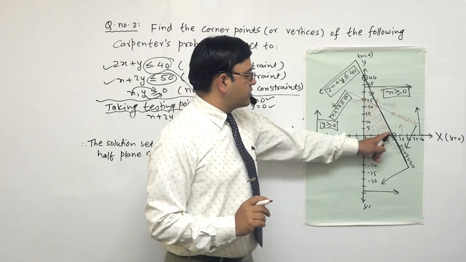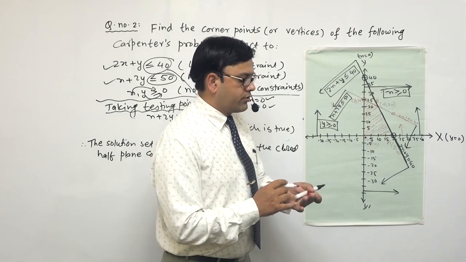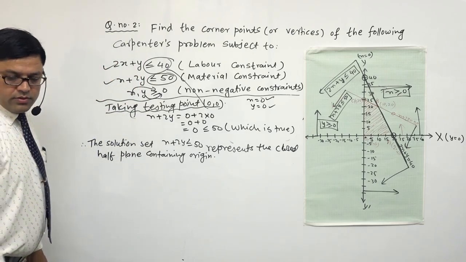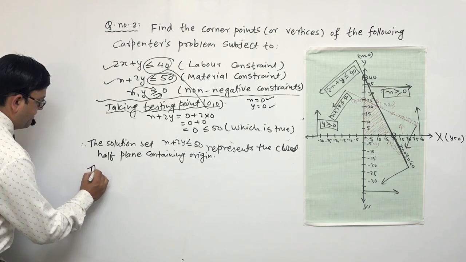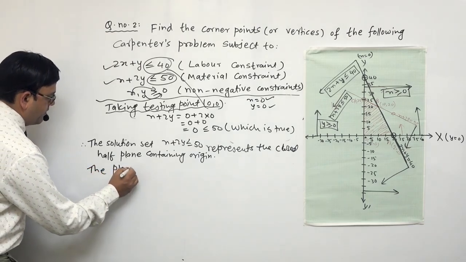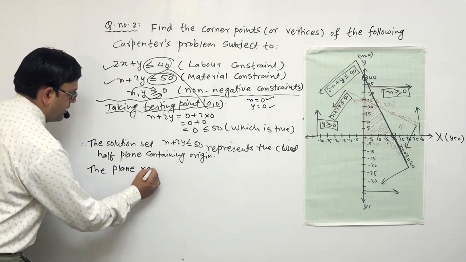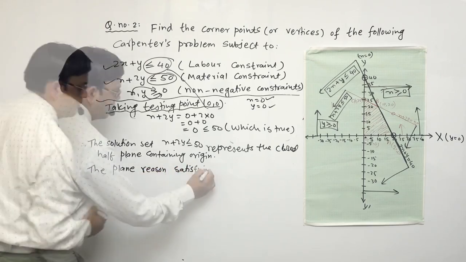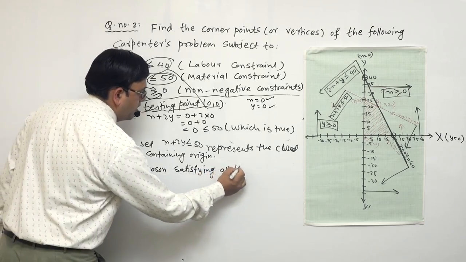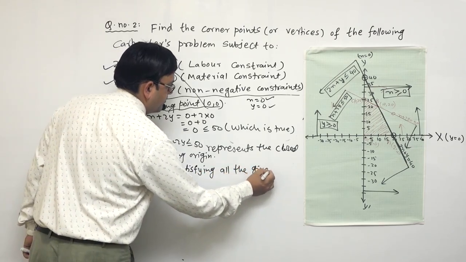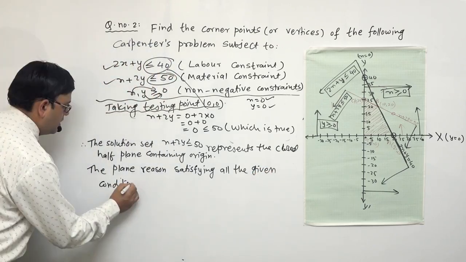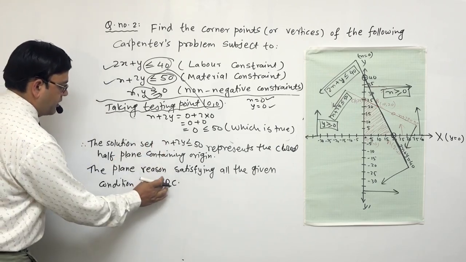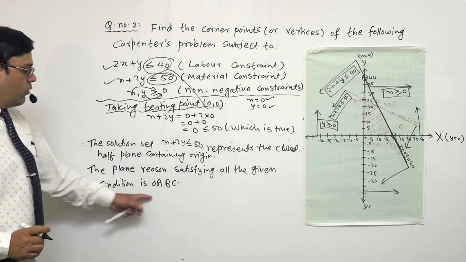These 4 are the corners. So the corners, 4 corners are, we can write it like this: the plane region satisfying all the given conditions is OABC. The region satisfying the given conditions is OABC.